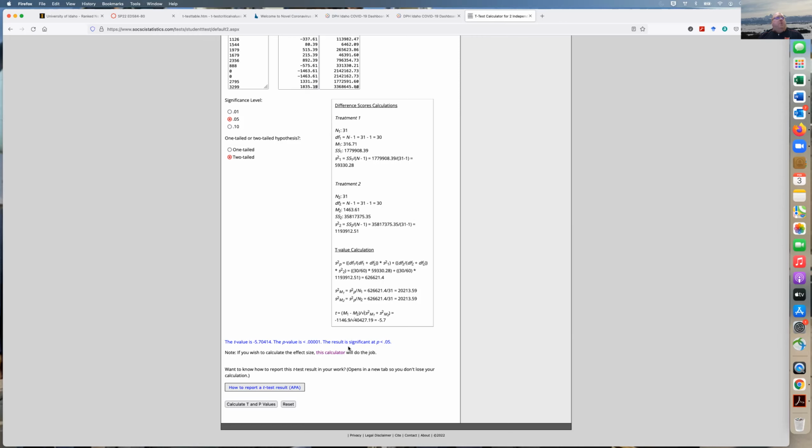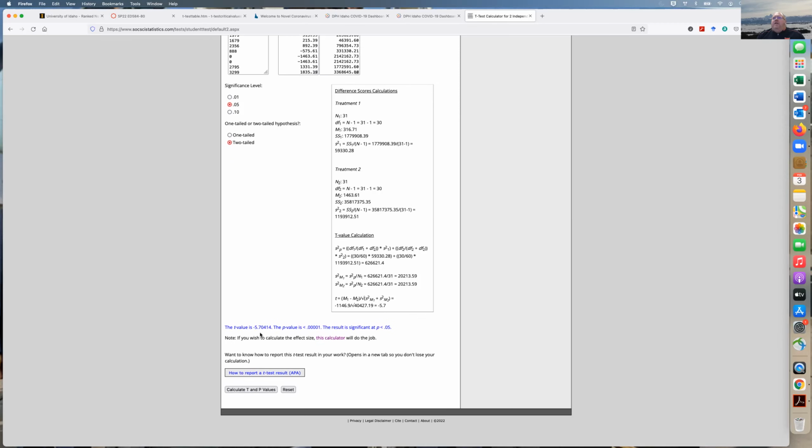And so how I interpret this is that there is a significant difference, and Omicron is affecting more, and there are more people that got the Omicron. So we got that. The calculator is telling you that that's significant.